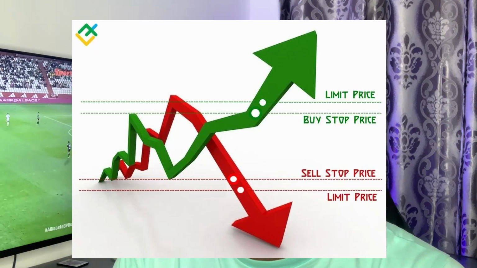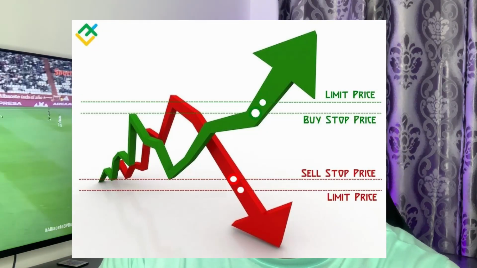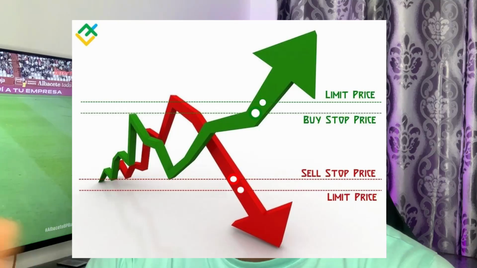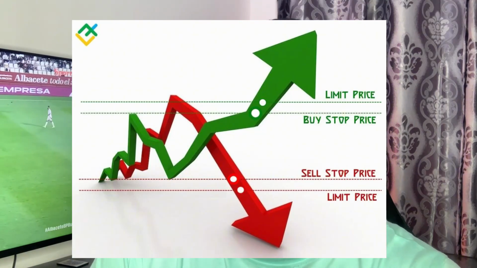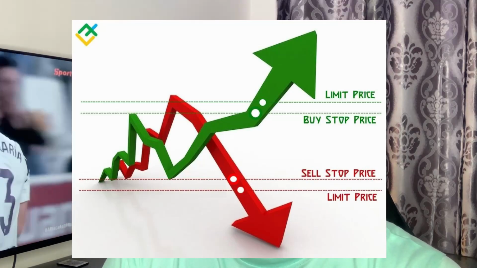So it means to say maybe the current price of the market is $1. That's just an example, right? And you want to buy at 50 cents. As the current market price is not at 50 cents, and you also don't want to miss the trade when it comes to your preferred price, which is 50 cents, you set a pending order.